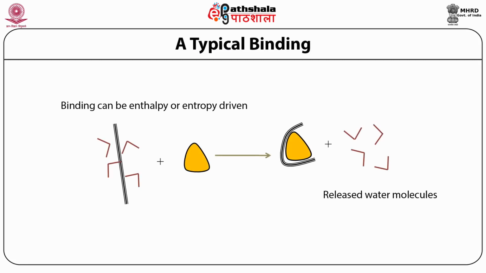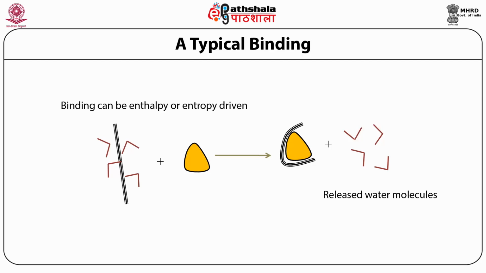This figure gives you a typical binding reaction of a protein with ligand. As I told you, binding can be enthalpy driven or entropy driven. So what do we mean by enthalpy driven or entropy driven? A typical binding reaction can be seen as this. Ligand binds to a protein. Ligand is shown as a rod and your protein is given like this.